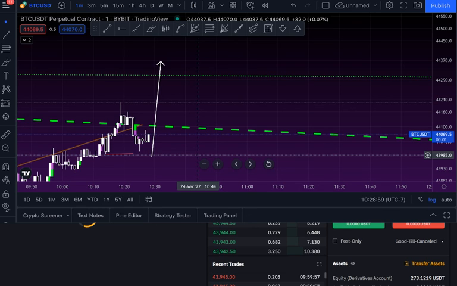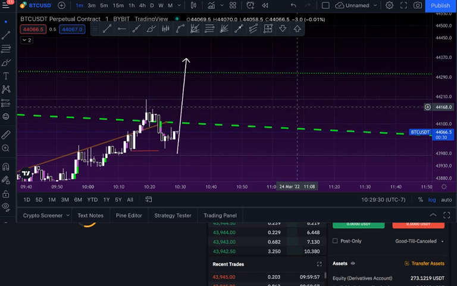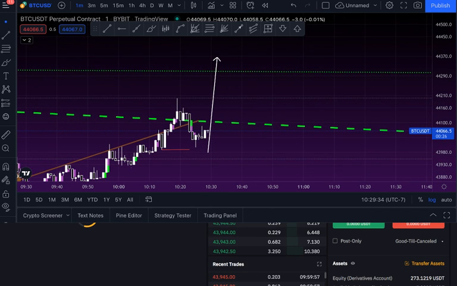We're up 6%, $15. USDTs. Alright. Hopefully it makes a move upwards here.